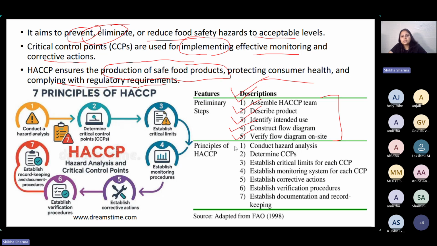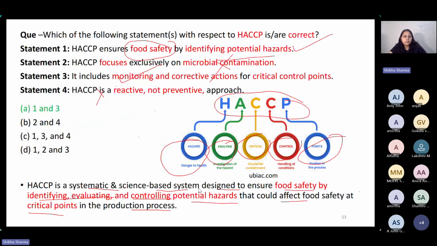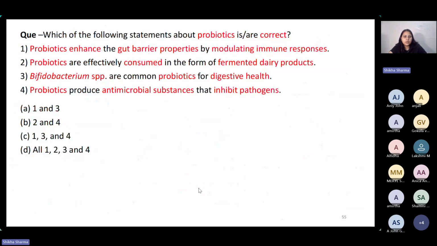After that come the 7 principles: first, conducting the hazard analysis; second, determining the CCPs; third, establishing the critical limits of these CCPs; fourth, establishing the monitoring procedure for each CCP; fifth, establishing the corrective actions; sixth, establishing the verification processes; and seventh, establishing the record keeping and documentation processes. I hope this question is clear, that first and third are correct here.